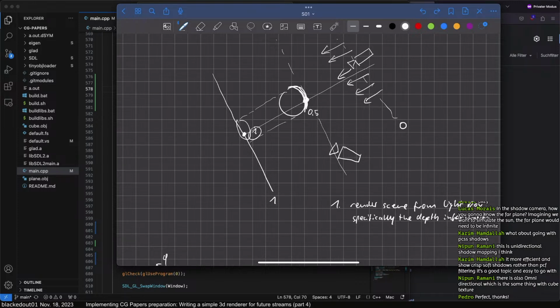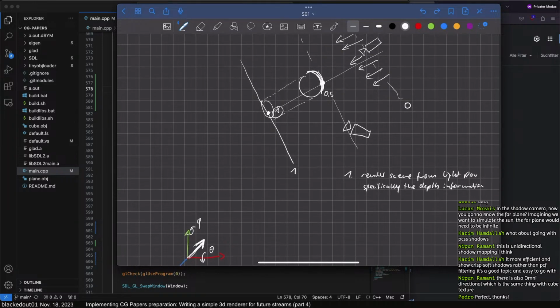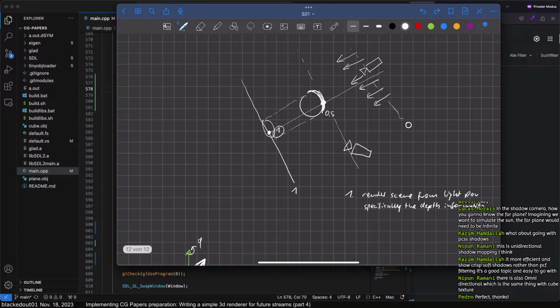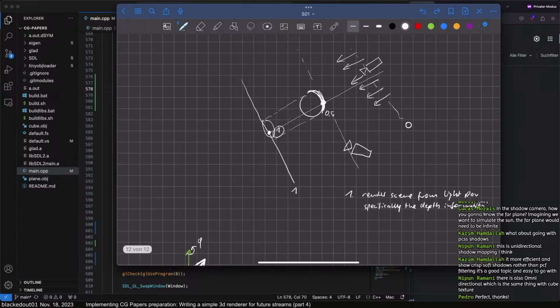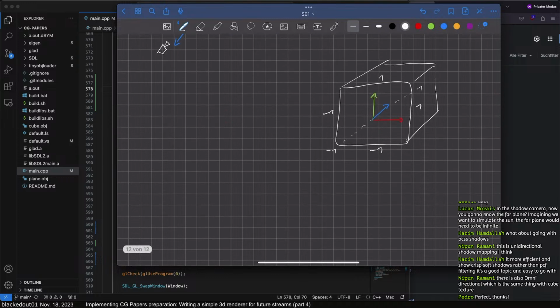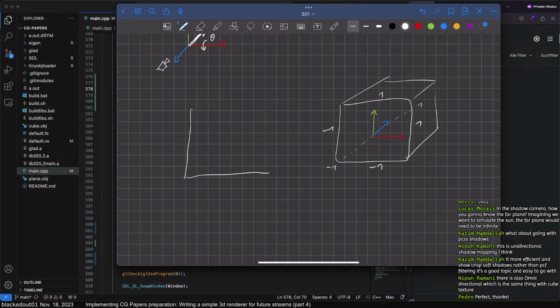Then the light rays would be all parallel to each other. And a projection matrix for this would be the orthogonal projection matrix. So basically, we just define a box which we then want to transform into this box.